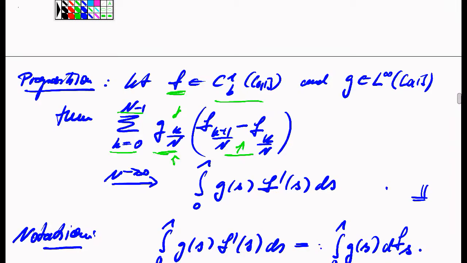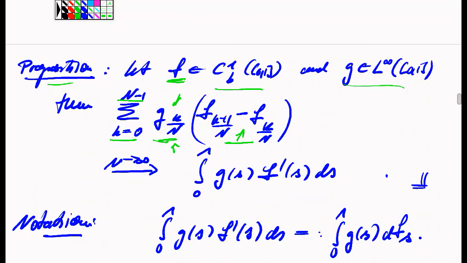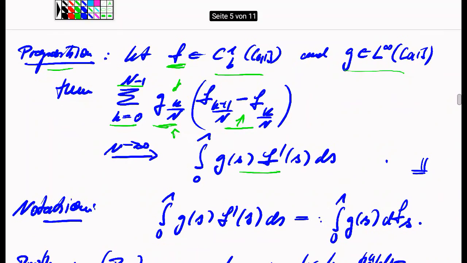And in case the function f, of which we want to evaluate the increments, happens to be, for instance, differentiable with, say, a bounded derivative, and if the function g, which plays the role of the theta of the investment portfolio here, is a bounded measurable function, then in fact this passage to the limit can be done in a rigorous fashion, and we obtain as a limit a classical integral of the g function against the derivative of the f function, integrated against the time parameter ds here.